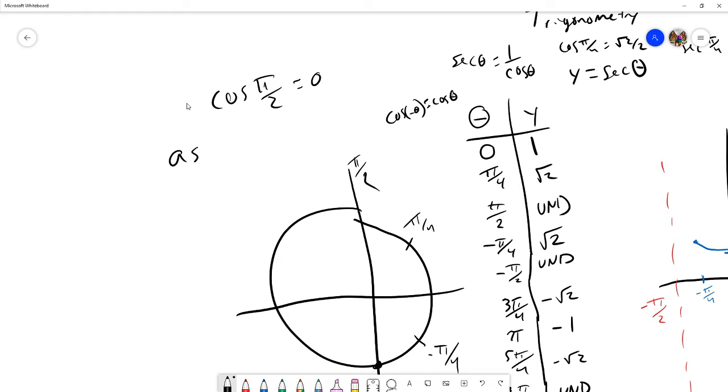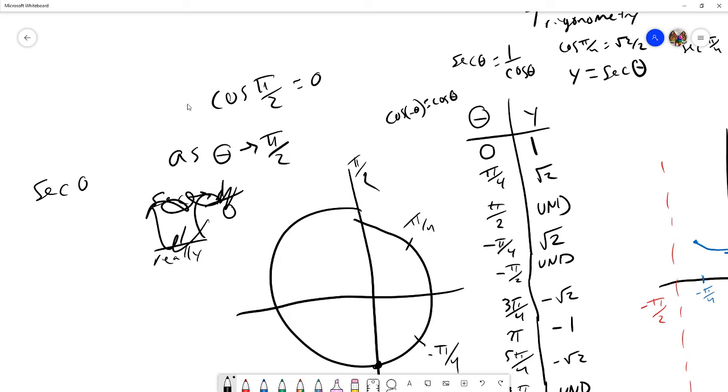So as theta gets closer to pi over 2, secant is approaching 1 divided by 0. We'll just say it this way. Secant theta is acting like 1 divided by a really small number.